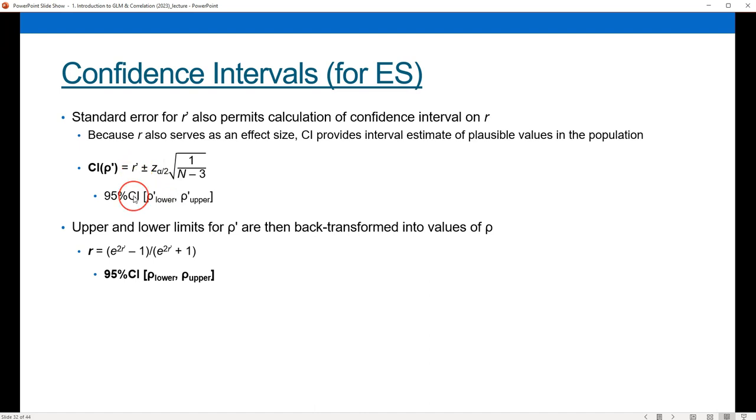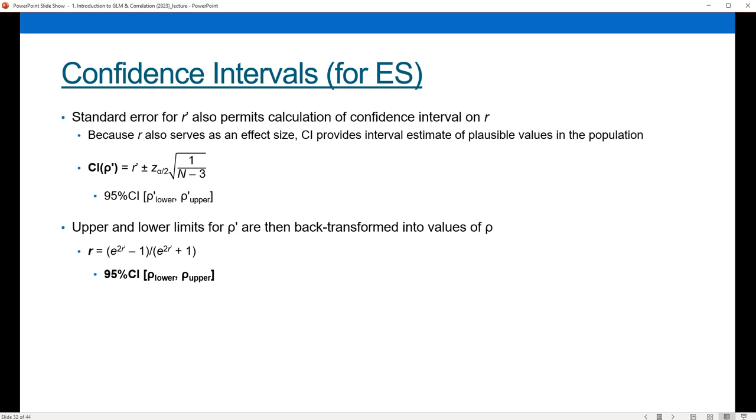Now the problem is that we're not interested really in r prime. r prime is just a means to an end. So if I just calculate the confidence bound around r prime, I'm not quite there yet. What I need to do is take the upper and lower bound that I got for r prime and back translate that into a Pearson correlation.